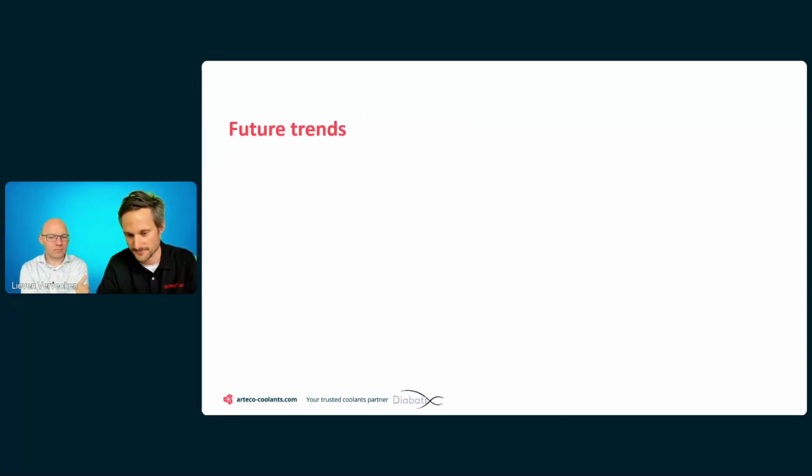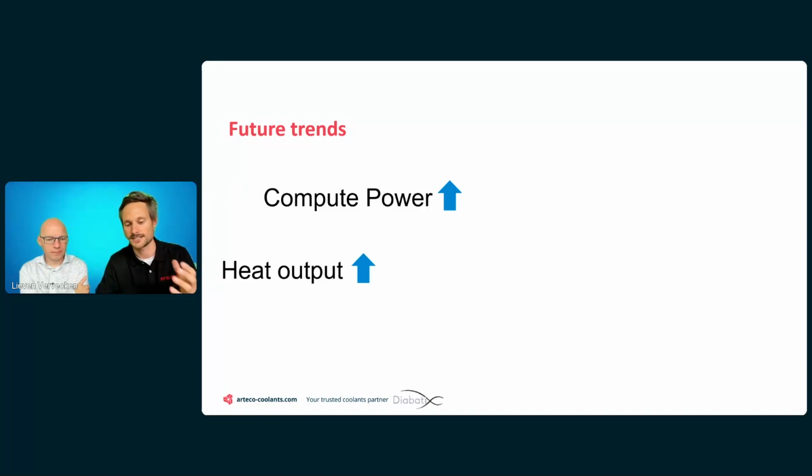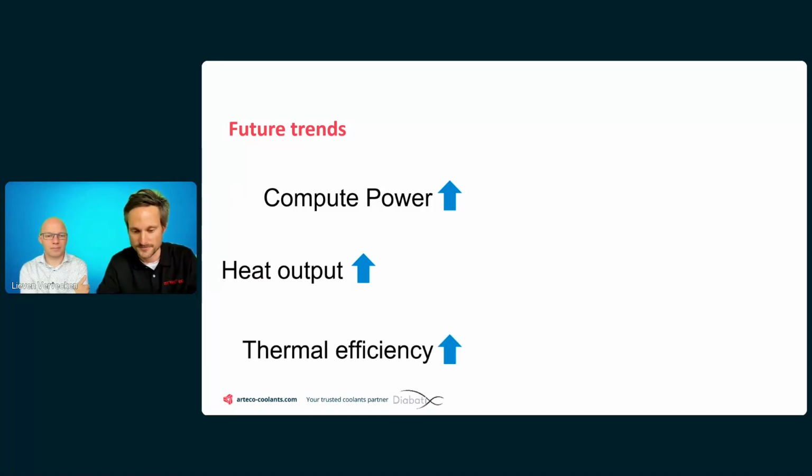Now, if you look at any future trends, because that was the situation today, then we see that the compute power is going up. There's no doubt about that. And with that, also the heat output is going up. There's also a need for a better thermal efficiency because of that.